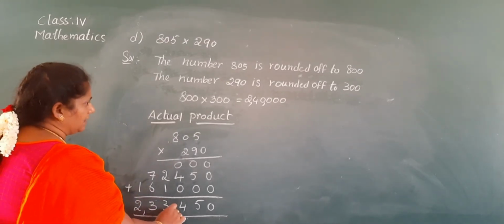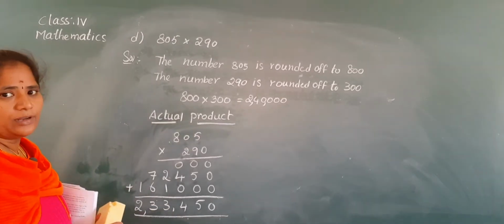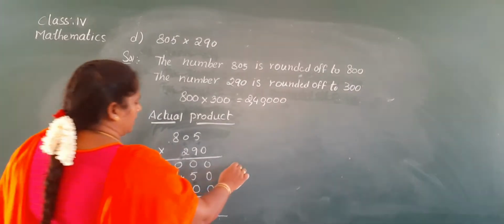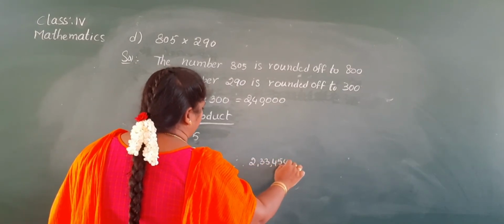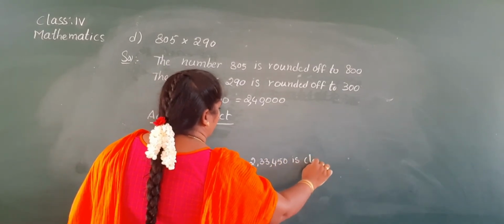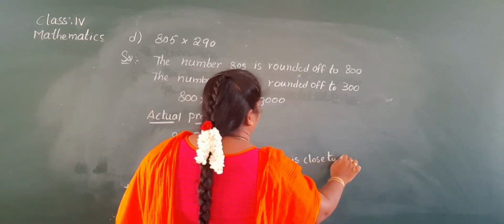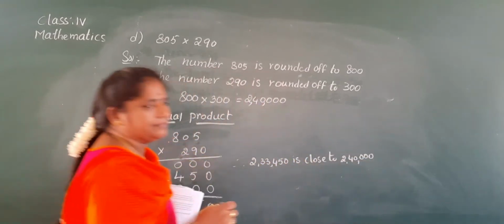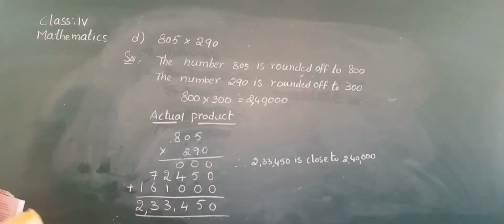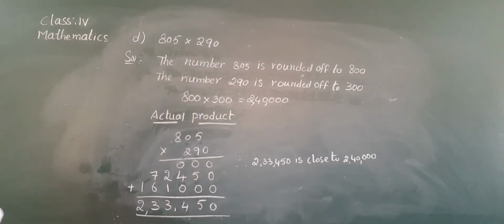So 2,33,450. Therefore 2,33,450 is close to 2,40,000. Finish. Write neatly in your classwork.